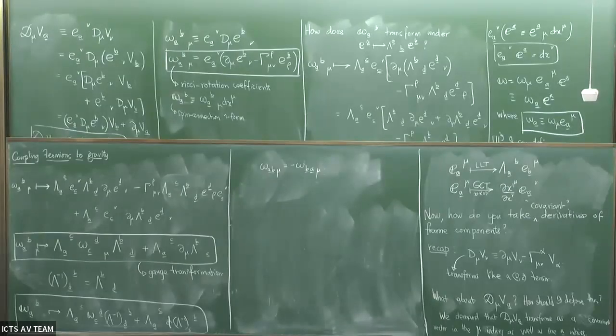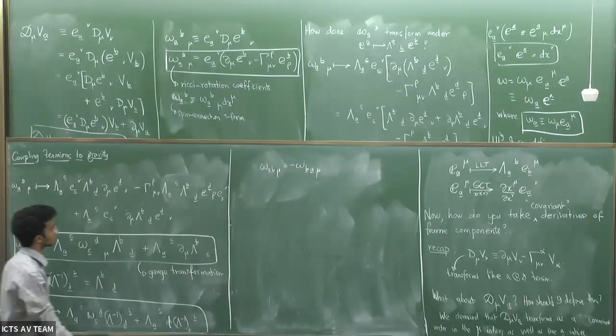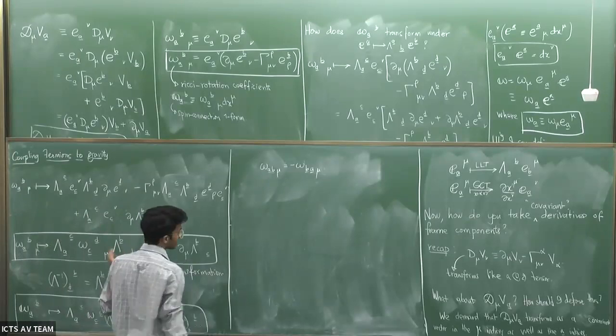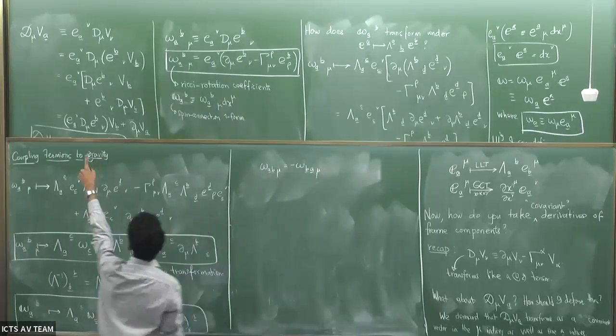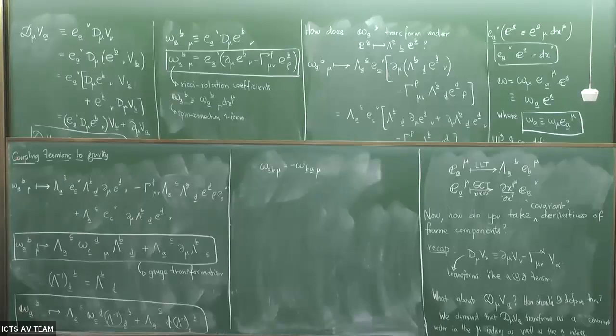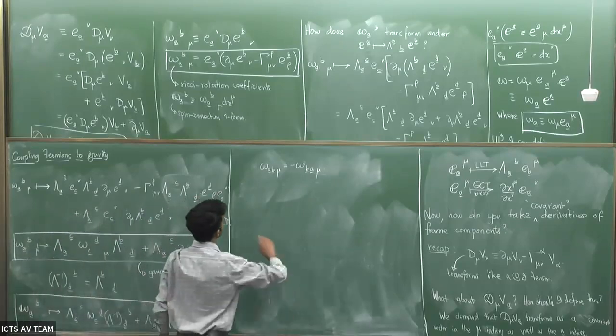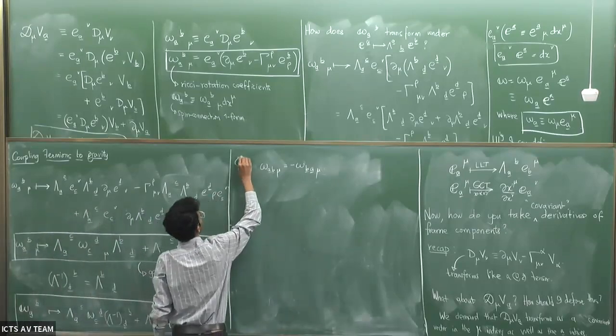Okay, and that's easy to prove. And by the way, I did this for a covariant vector, but you can do the same thing for a contravariant vector V A up. Then you can check that the same omega comes there also. But let me check this now. So this is the antisymmetry of the spin connection.